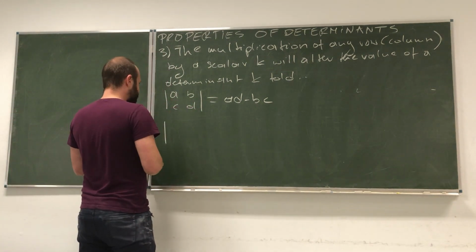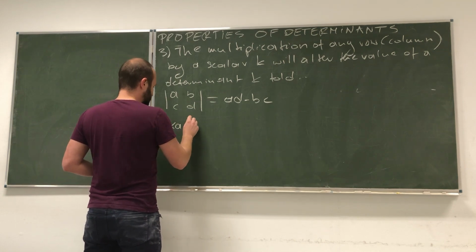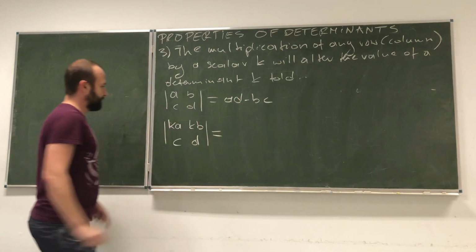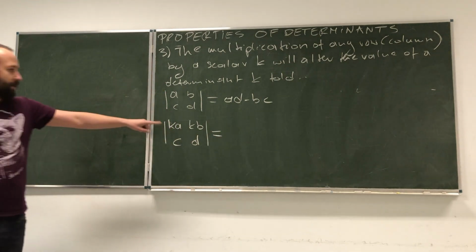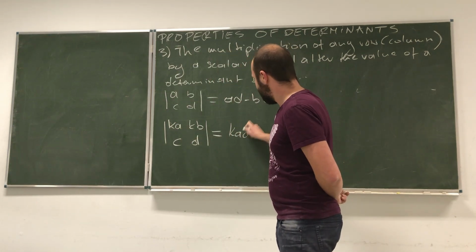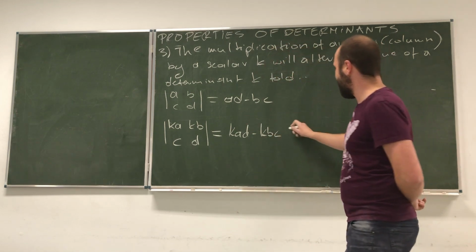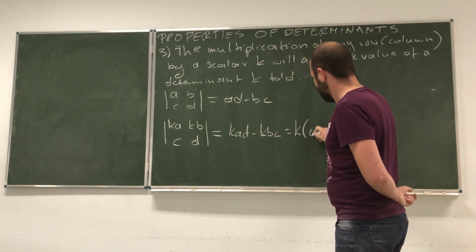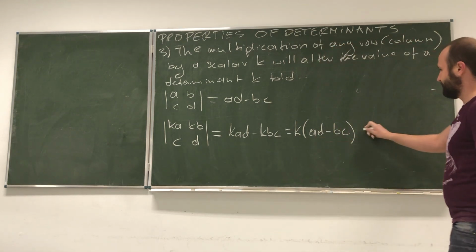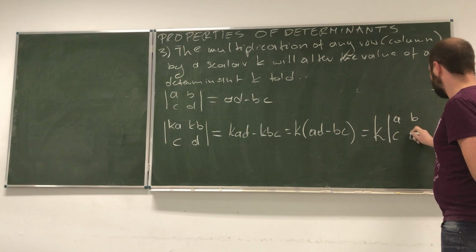So, I would have here kA, kB, C, D. Now, if I multiply it all out, I get that this is kAD minus kBC. I can take k out of the parenthesis. And this is just k times determinant A, B, C, D.